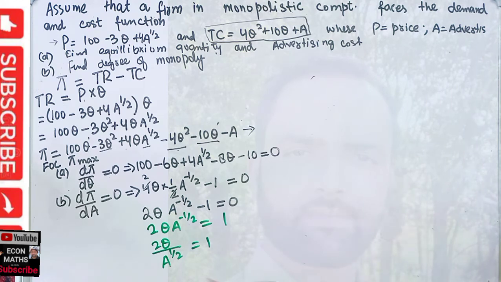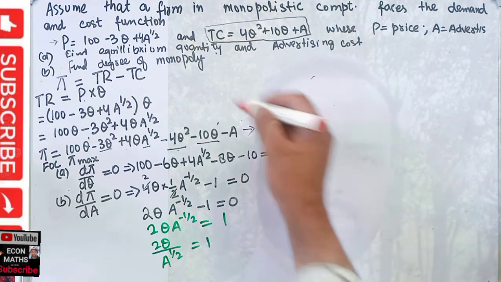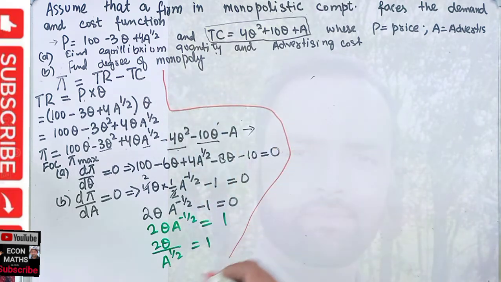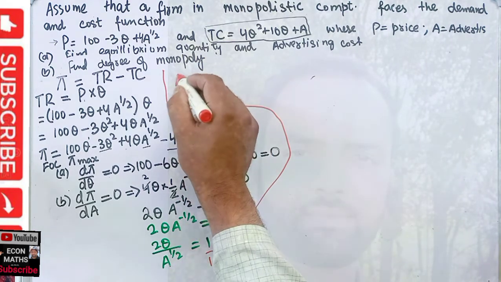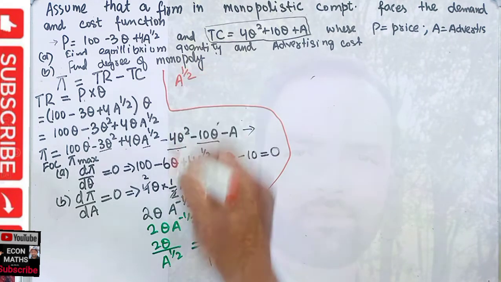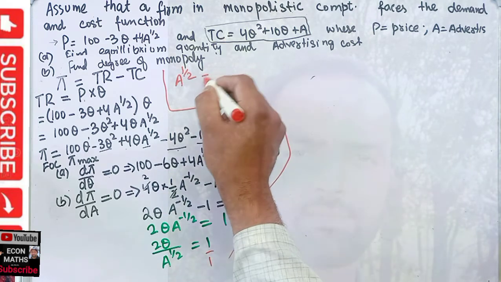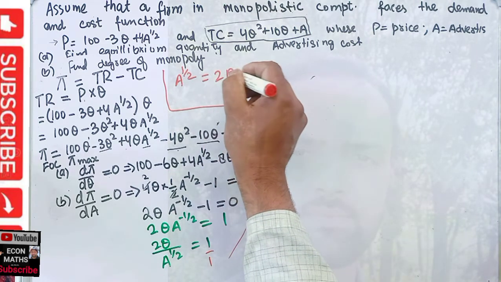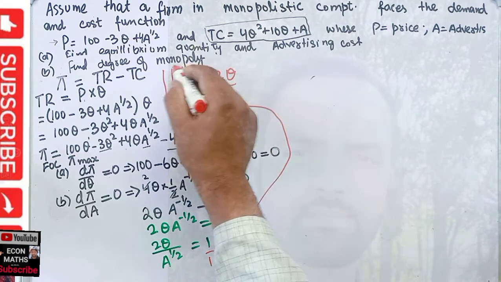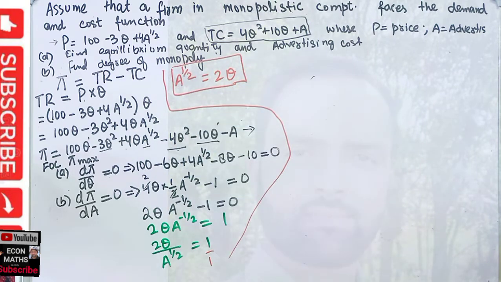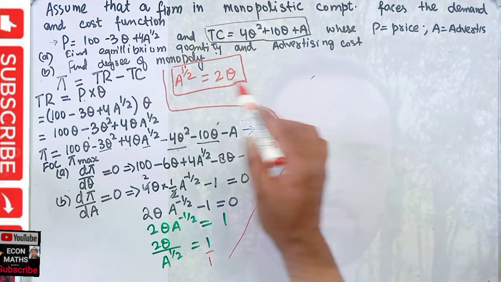So here we can write it like this. We can write a to the power 1 by 2, cross multiplying, is equal to 2q. So we will use this relation. Now what will we do, we will put this value.